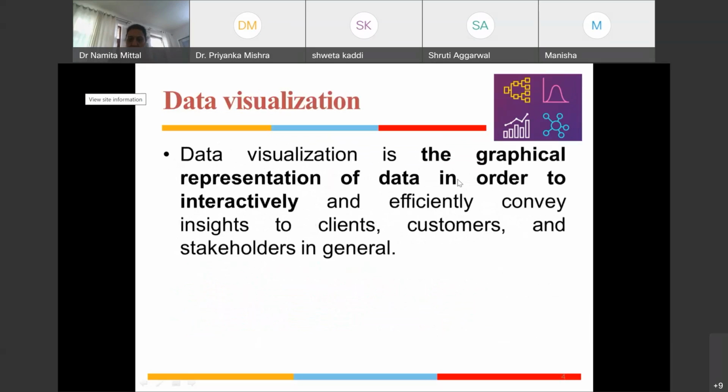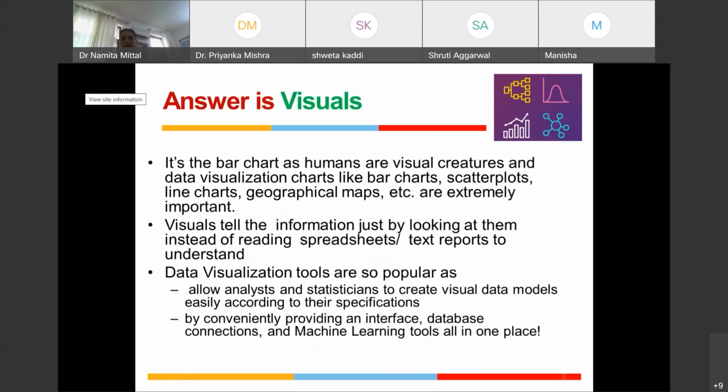slides are moving. Yeah, the answer is visuals. If we have a complicated Excel sheet or some other way, and we need to visualize it in one story, like you can see in the right upper corner, we have some visuals, right? So if I can depict a story in one visual, obviously the answer is yes.